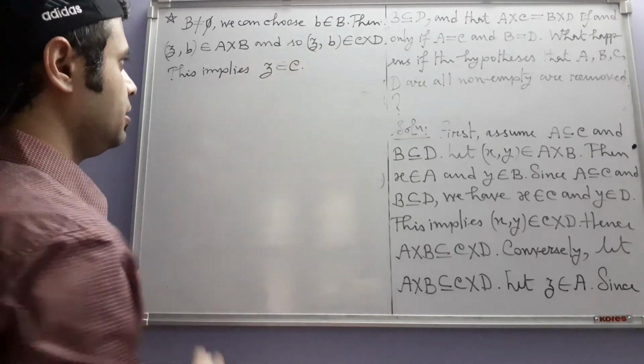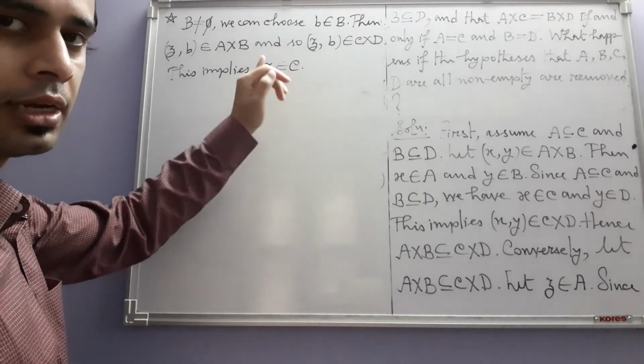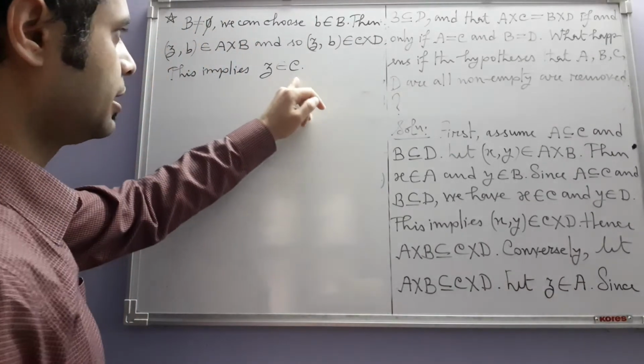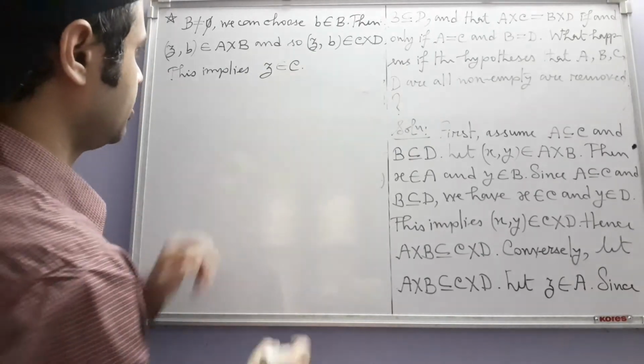Our main focus is on this, z belongs to C. So any element z in A is again in C. So A is a subset of C.